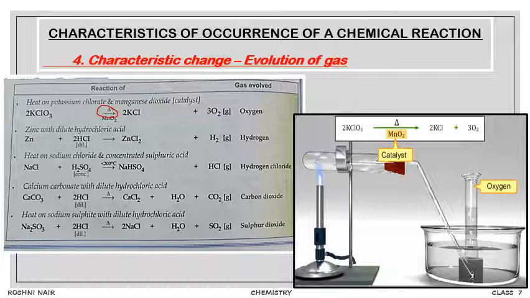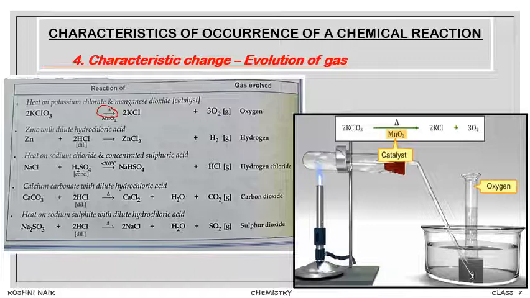So we were studying when we heat potassium chlorate, delta sign indicates heat. And when manganese dioxide is used as a catalyst, what is the product we are getting? KCl, that is potassium chloride, and oxygen, O2 gas is evolved. That is why it is written under the column gas evolved we have oxygen.